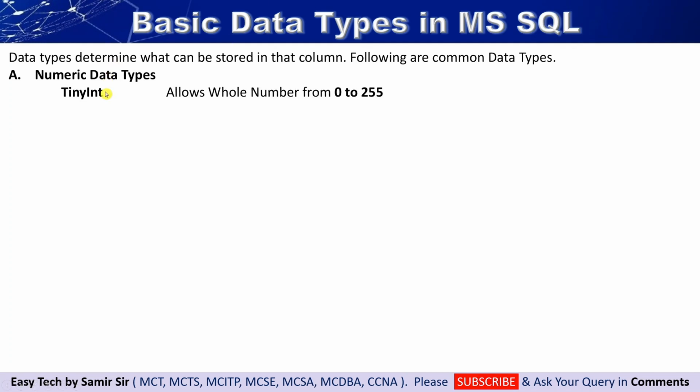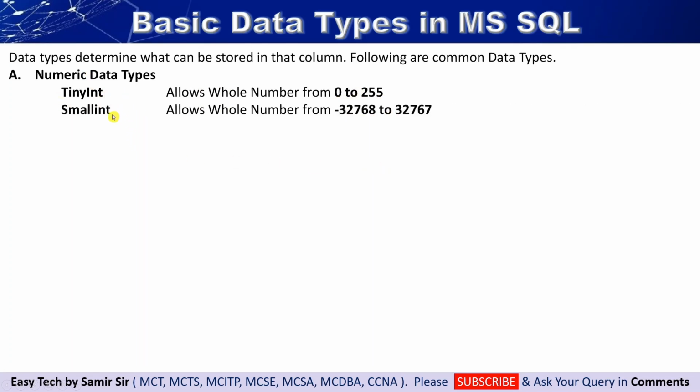If you define any column as a tinyint, it can store only whole numbers, that is without decimal, from 0 to 255. This can be used for storing information like marks, where each subject's mark cannot exceed 0 to 100. So something like marks of subjects can be used with the tinyint field.